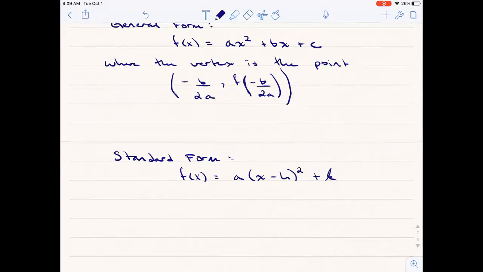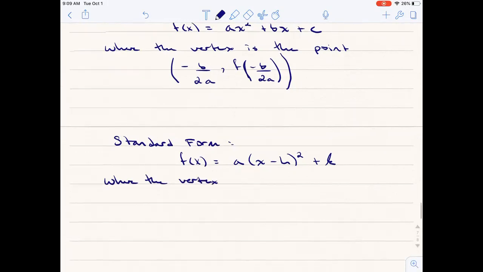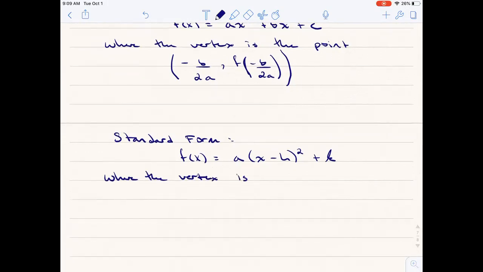That looks really similar to the absolute value function that we were dealing with. Right? Where the vertex is the point HK.